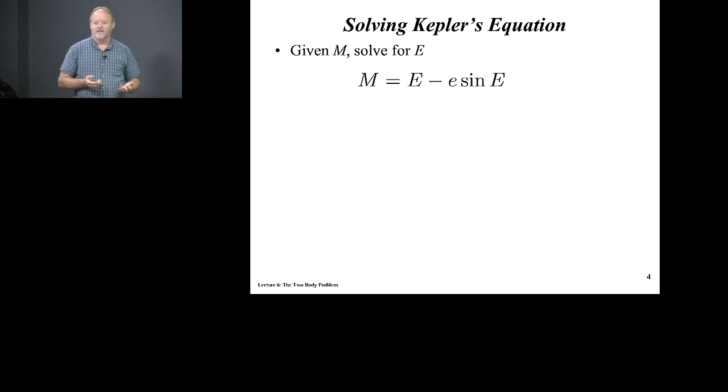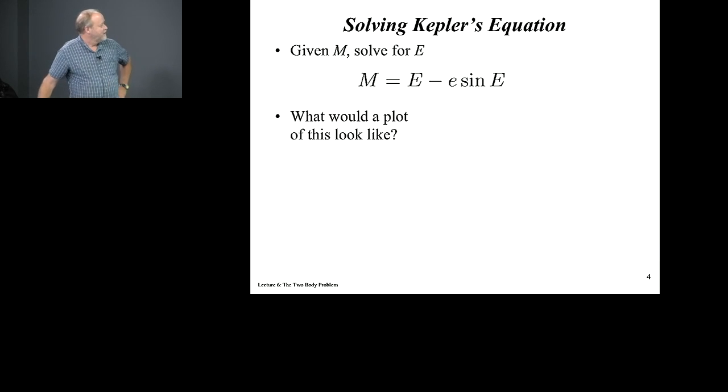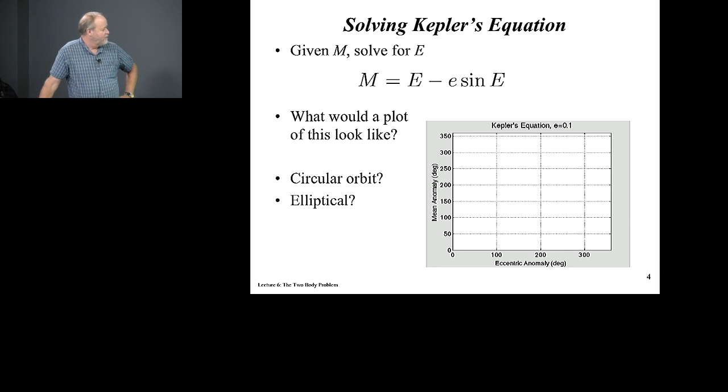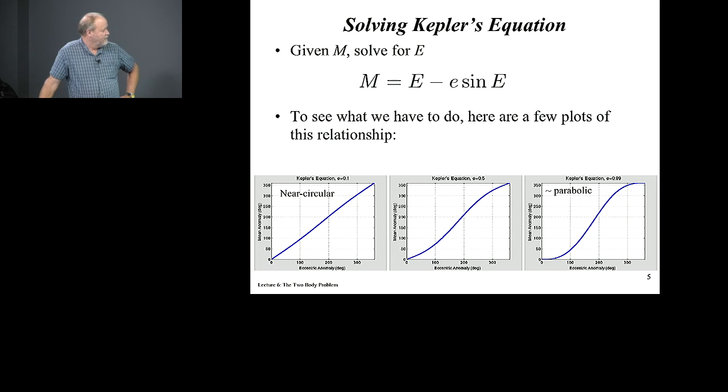If you took a class in numerical methods, you probably would have encountered this Newton-Raphson technique there. We're going to solve this, and we want to know how M varies as a function of E and vice versa. For a circular orbit or an eccentric orbit, we get different relationships between the mean anomaly and the eccentric anomaly. On the left here, we have a near circular orbit.